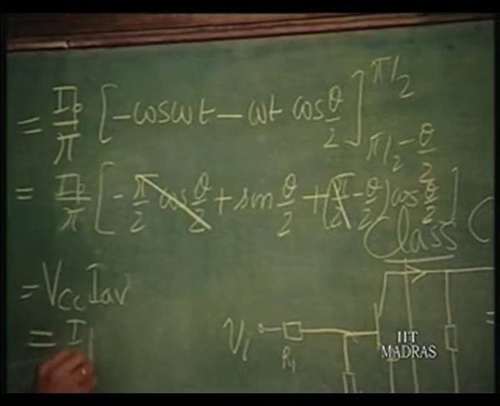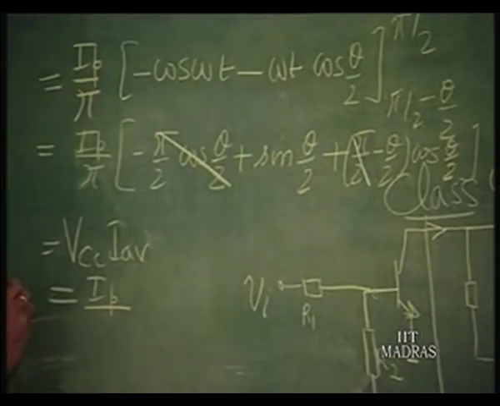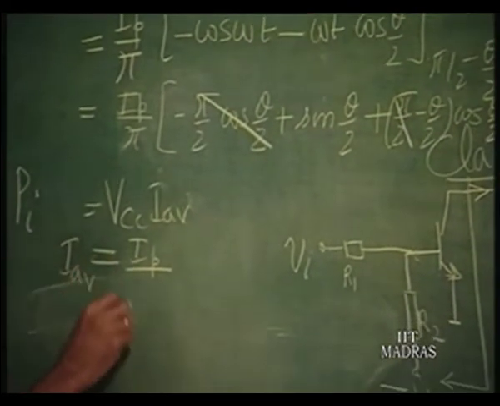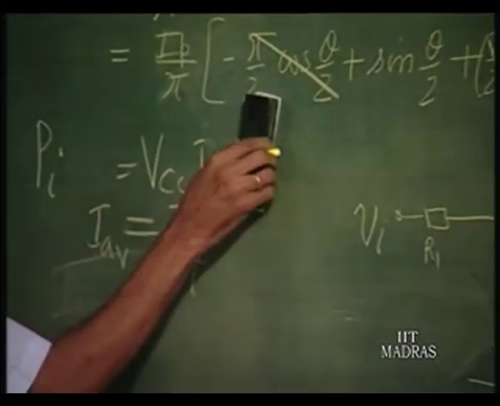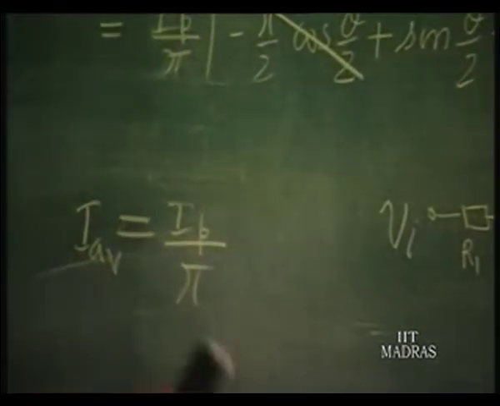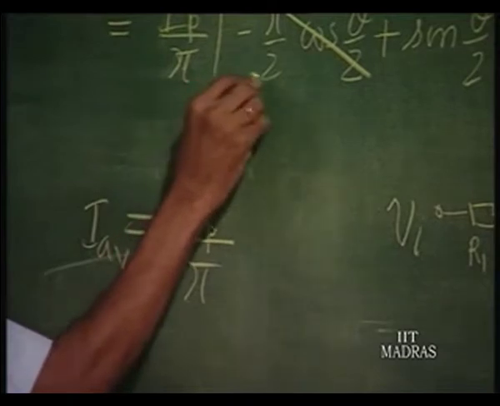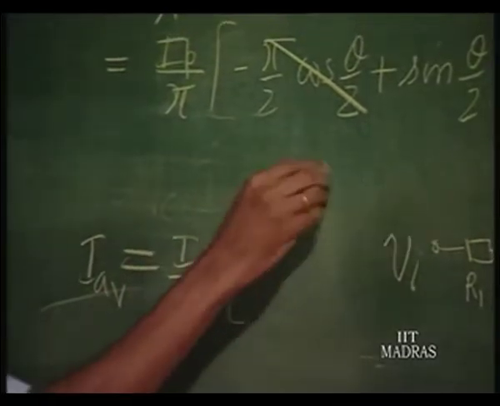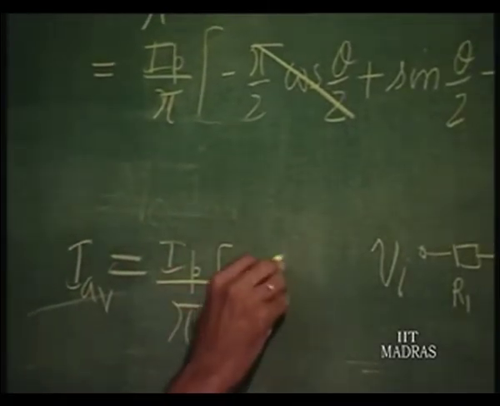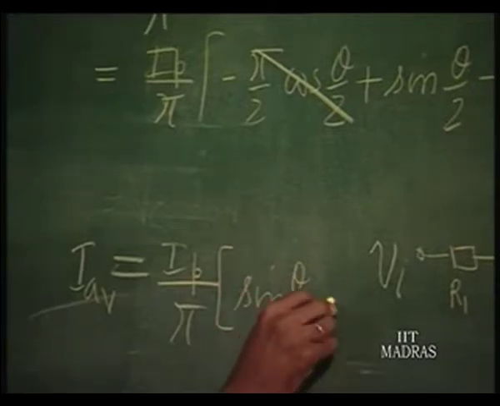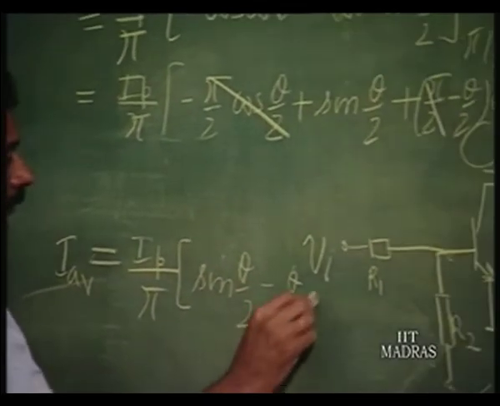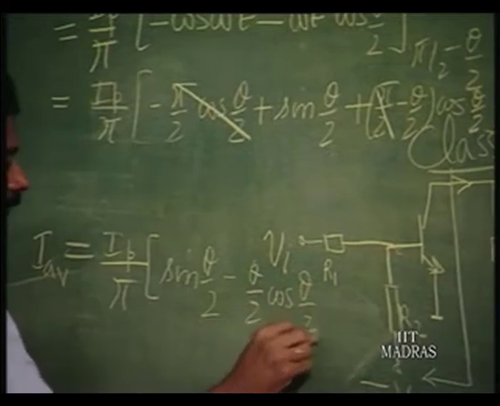So, the answer is, I average, therefore, is equal to I p by pi into sin theta by 2 minus theta by 2 cos theta by 2.